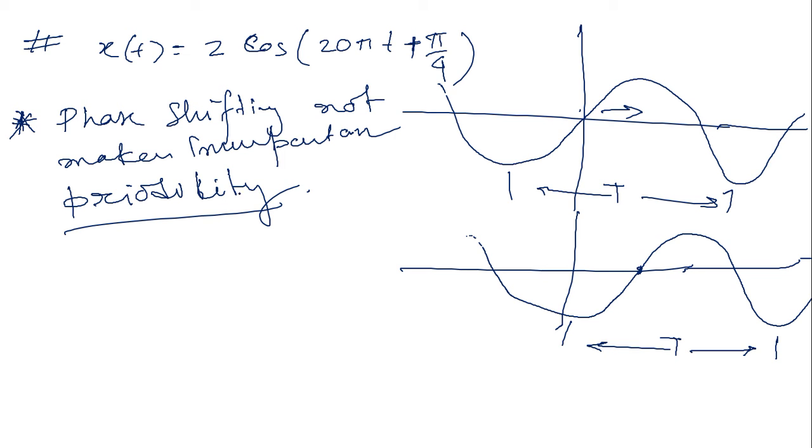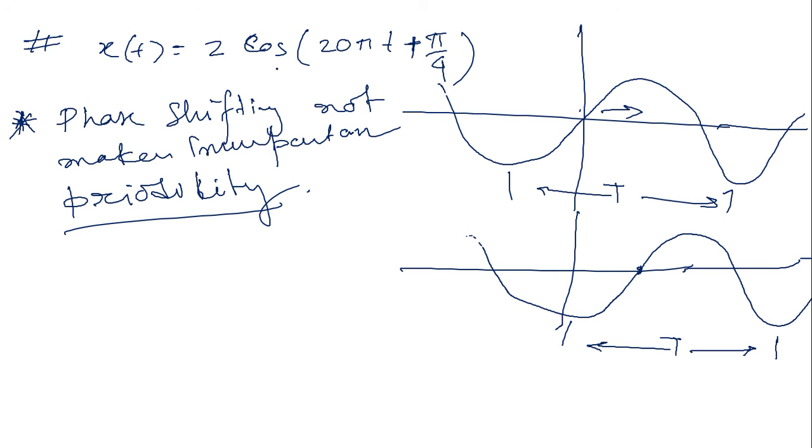So is this signal periodic or aperiodic? If it is a cos or sine, if one cos signal or sine signal is directly present, then you can guess that the signal is a periodic signal. Cosine signals or sinusoidal signals, any kind of sinusoidal signals, cos or sine, are periodic signals. But some exceptions are there.